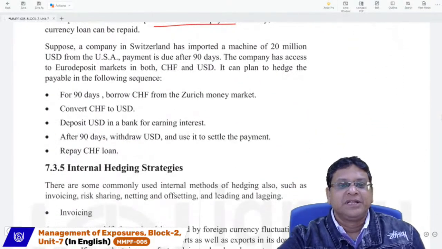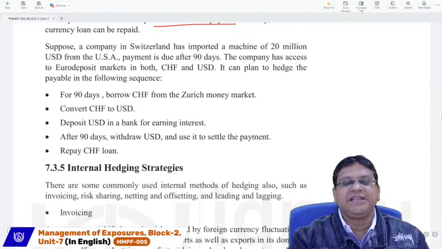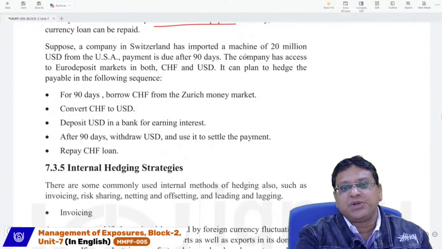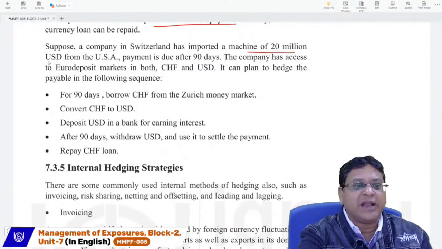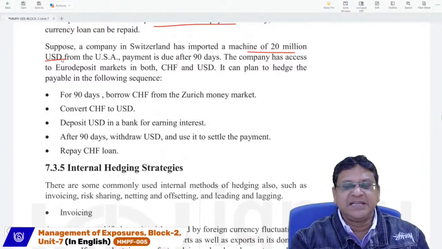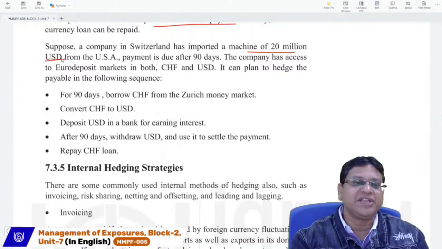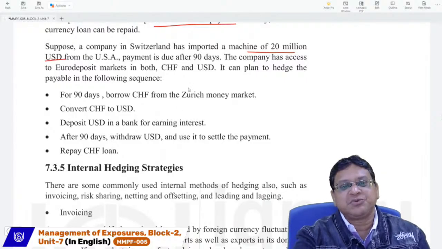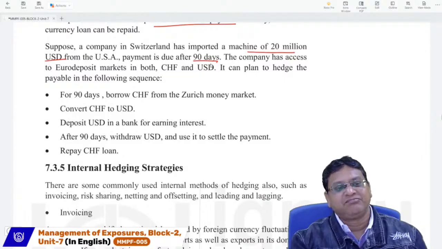Okay. Example, suppose a company in Switzerland has imported a machine of $20 million. So a Switzerland importer is there, he has imported $20 million USD, and the payment is to be made after 90 days.